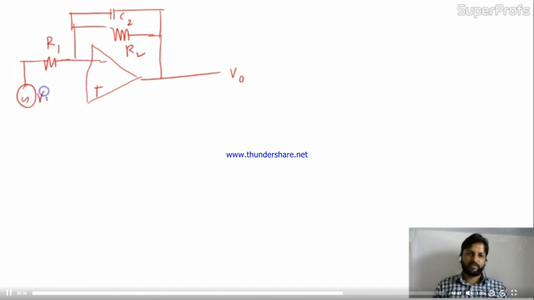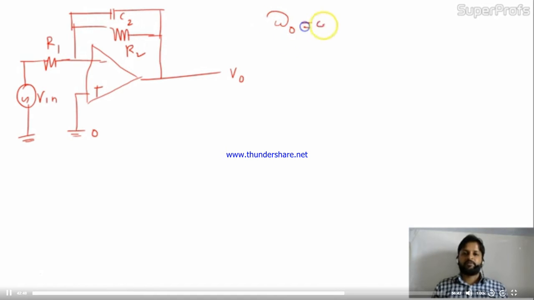Input we applied over here like this, and the non-inverting terminal is grounded, 0. Which type of filter is it? First identify that. At omega equal to 0, the C2 will be open. If the C2 is open, the circuit is simple. We'll get some output in the form of input.